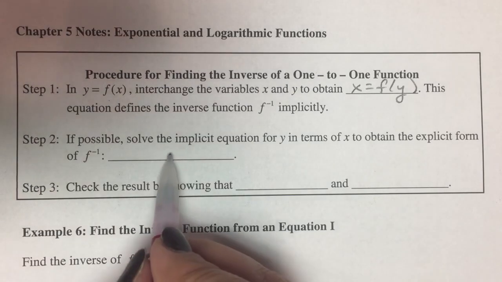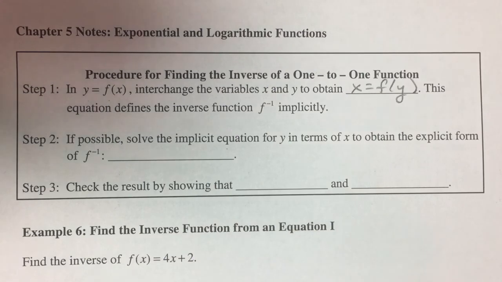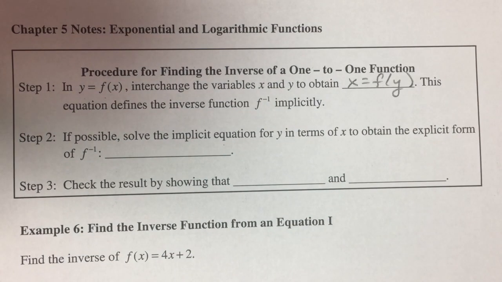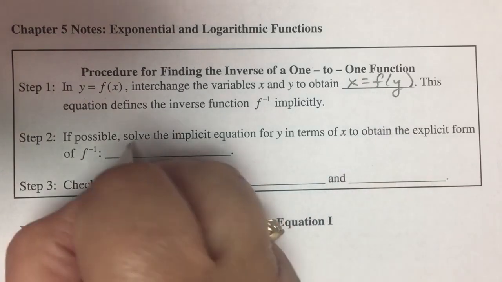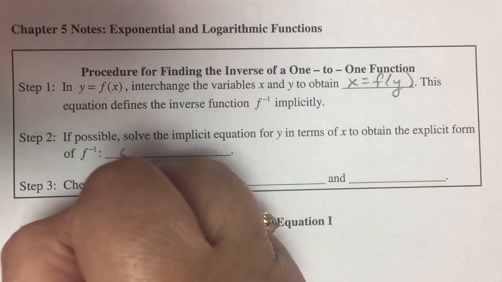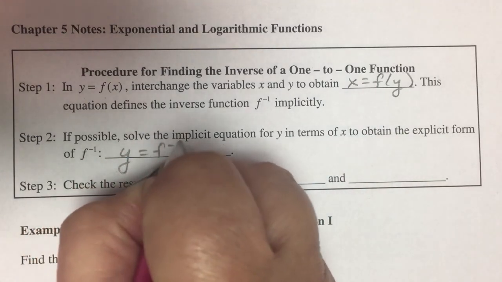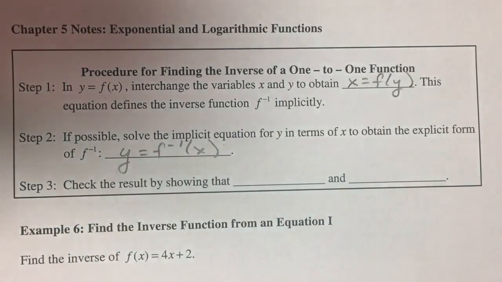If possible, then you solve the implicit equation for y in terms of x. So you flip the x and the y, and then you solve for y. If you solve for y, you're going to end up with its inverse.